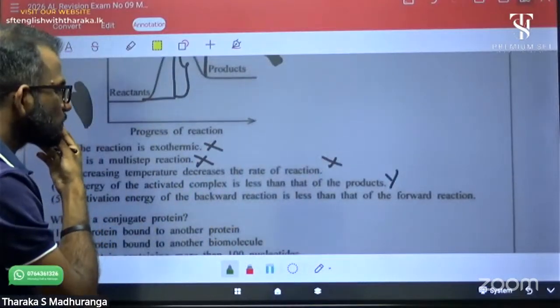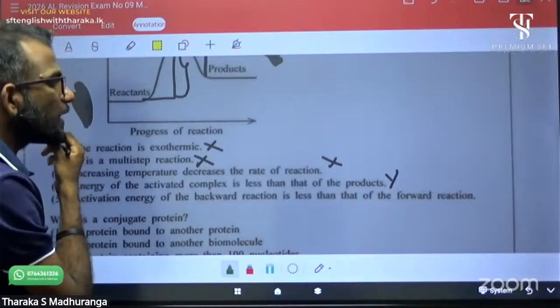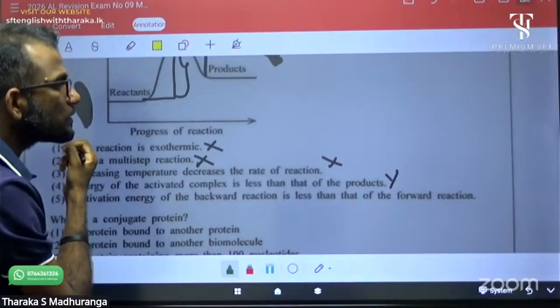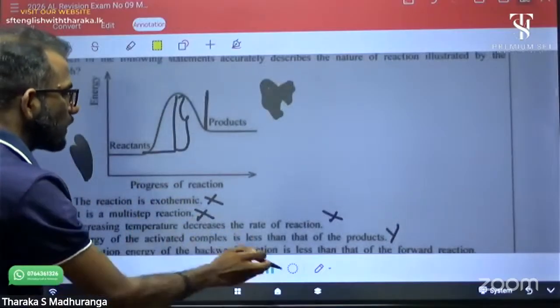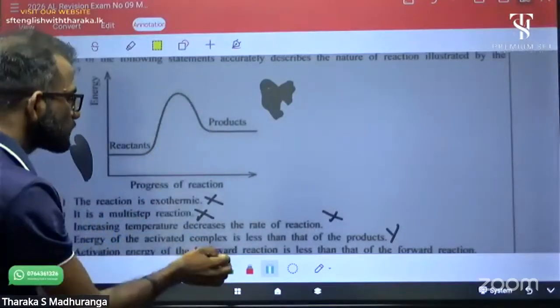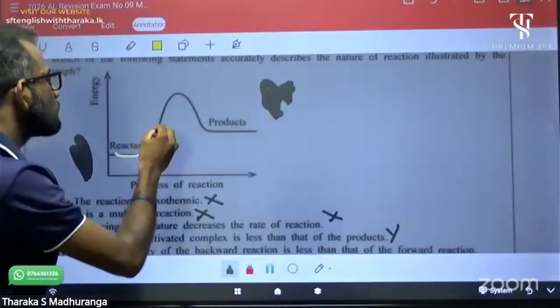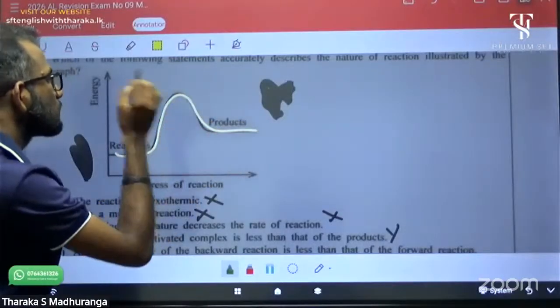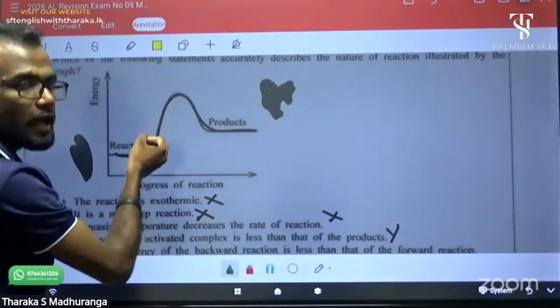The activation energy of the backward reaction is less than that of the forward reaction. What's the meaning of that? Reactant converting to product is the forward reaction. Product converting to reactant is the backward reaction, the opposite way.